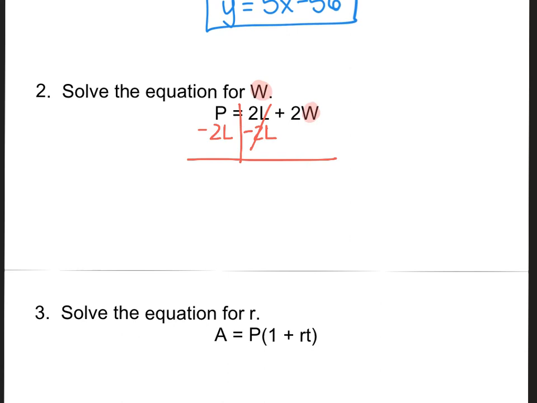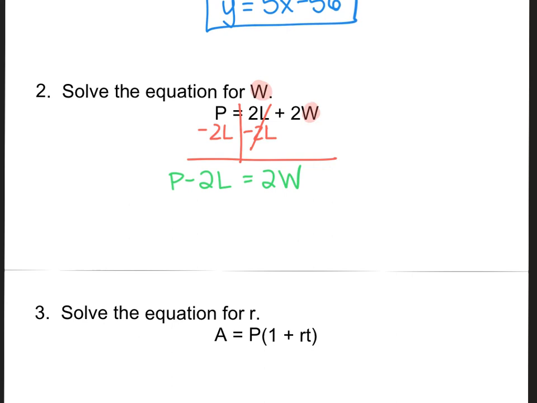So that would leave us with P minus 2L on the left, because we can't combine the P and the L. And that would leave us with 2W on the right.